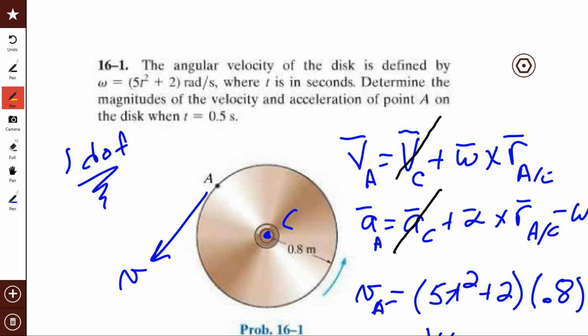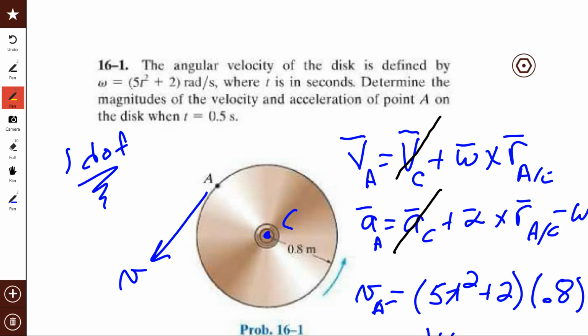It's got to have the ground speed. Then I know the velocity of the center is 0, acceleration is 0, so I know something about it. That's what makes it special. Why is A special? I don't know anything about its speed. I know it's on the rim, but I don't know its speed. Why is A special? It's not touching anything. Because I want to know something about it. So A is special, right?